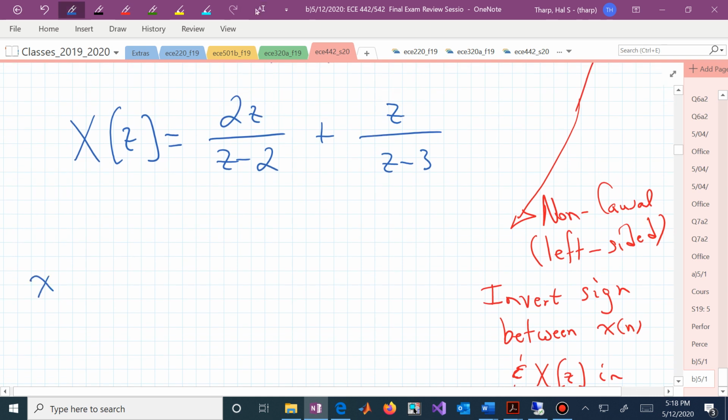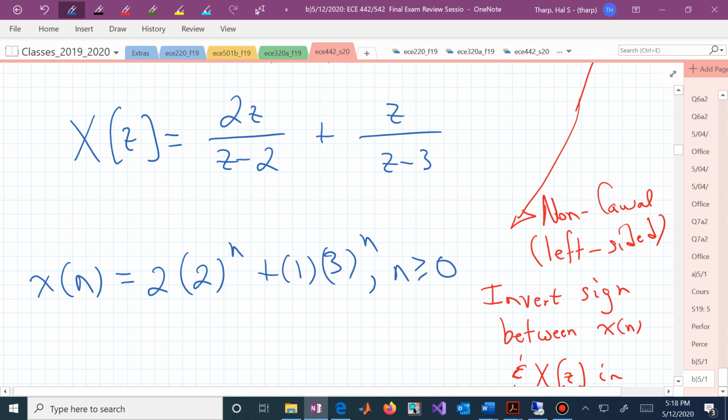But now that we know that, if we had a causal relationship here, we would just say 2 times 2 to the n plus 1 times 3 to the n for n greater than or equal to 0. But we don't have a causal, we have a non-causal.